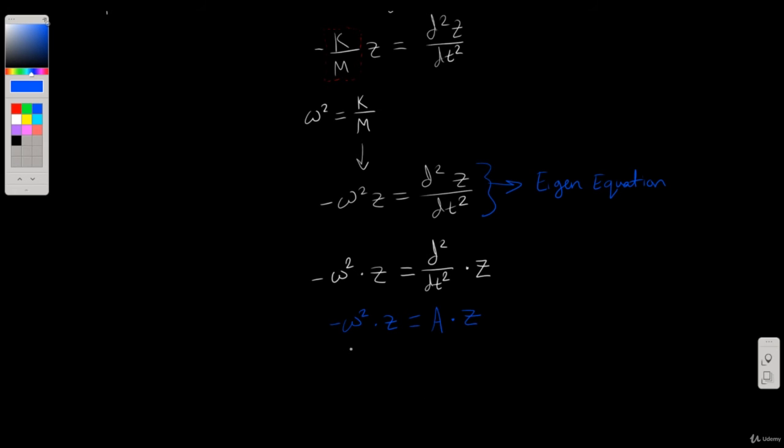The common variable for the eigenvalue is lambda, times z, and so here we have minus omega squared, and here we have this d2 over dt squared. So this is an eigenequation. Something to note there.